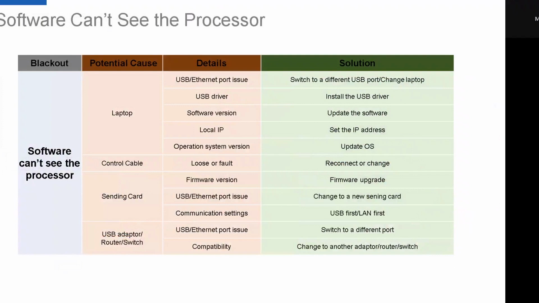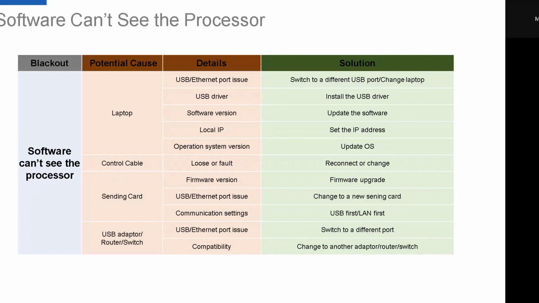Here's a table listing all of the potential causes and the corresponding solutions. There are four different parts. Let's check them out one by one. First one is laptop. Make sure the USB port or Ethernet port is working well. Switch to a different USB port or change the laptop, and see whether the issue still exists. The second one is USB driver. Make sure the USB driver is perfectly installed on your laptop.